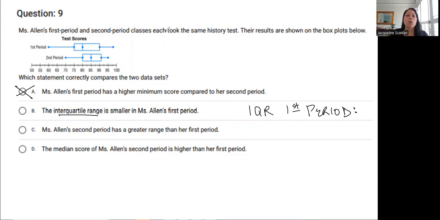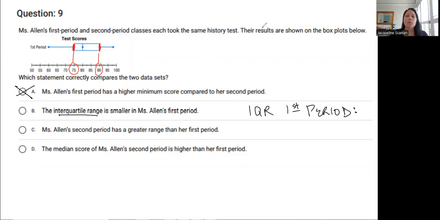You're going to look at only your first period's box plot. You're going to ignore the second period. And in order to find the interquartile range, what we do is we take our first quartile, whatever number that is, and our third quartile, whatever number that is, and we subtract them.